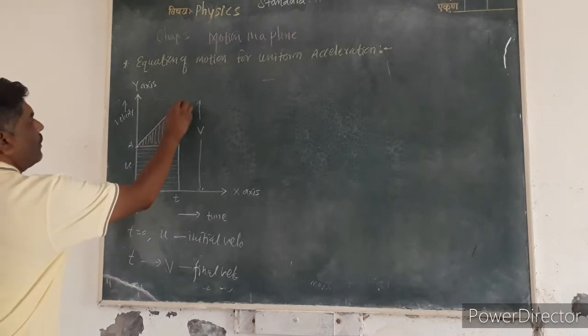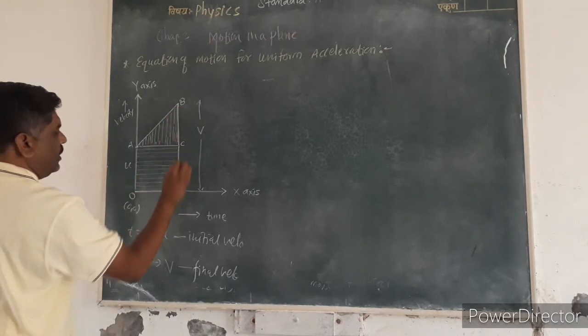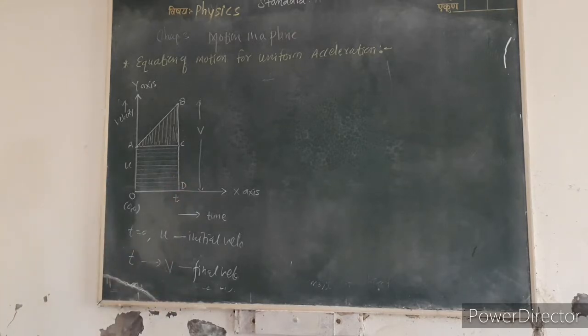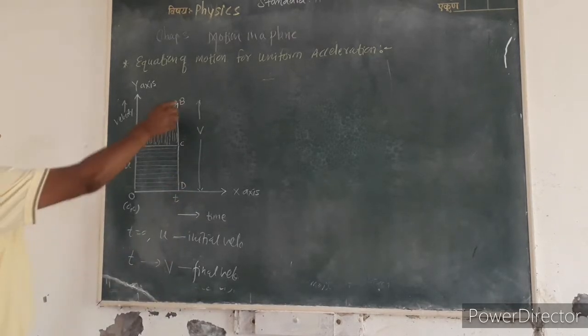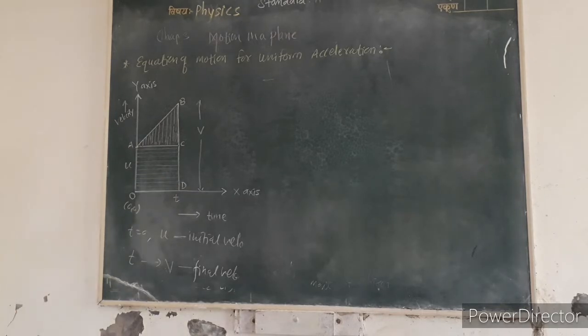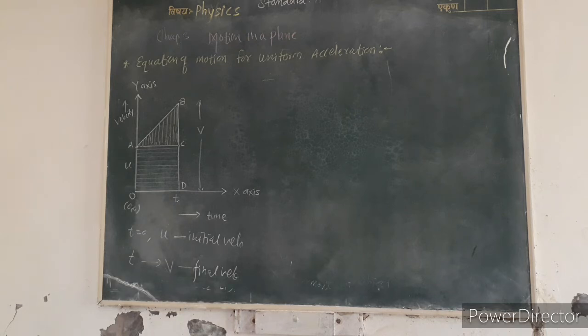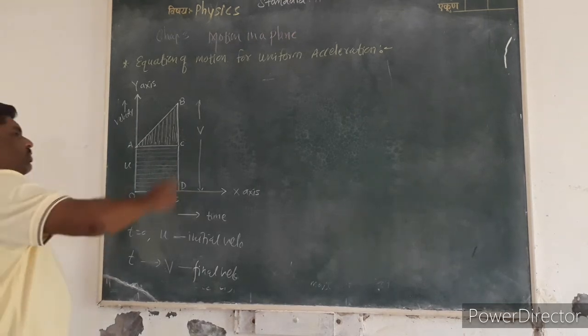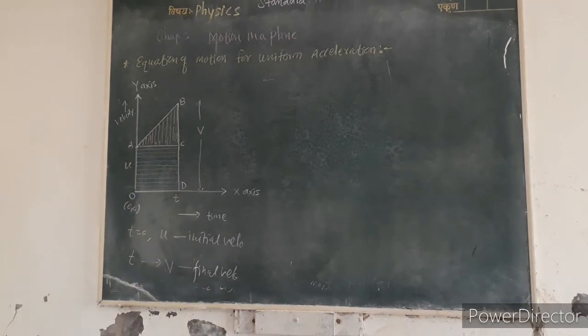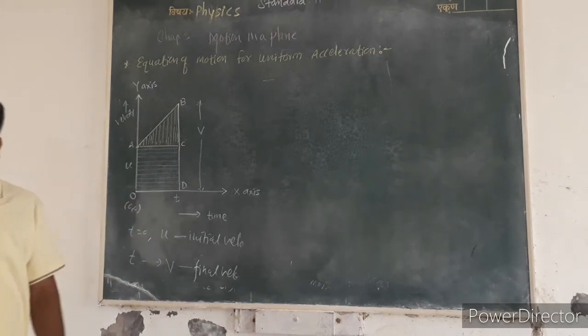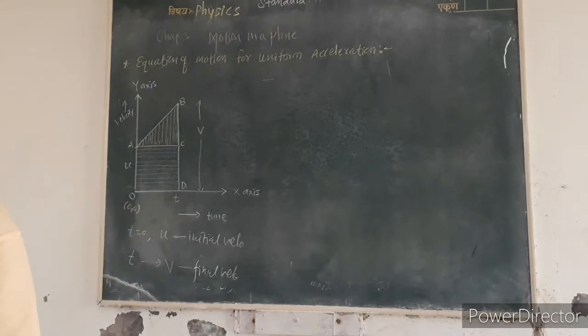Now suppose O, A, B, C, D are the points. The total area covered by this object or particle is nothing but the displacement of the particle from time 0 to t.